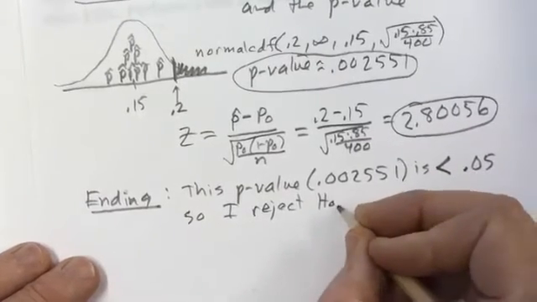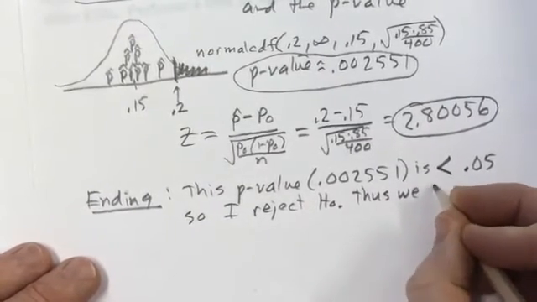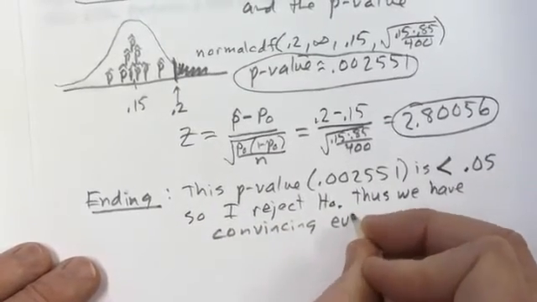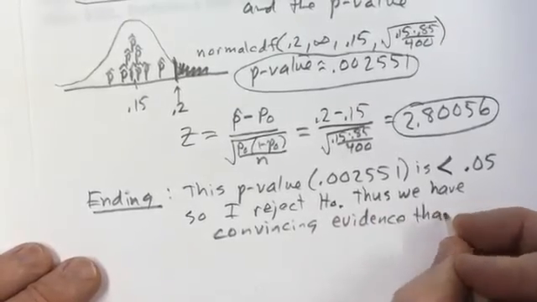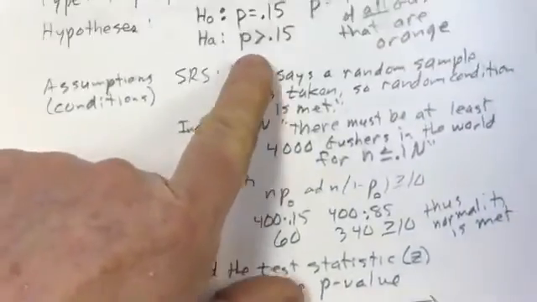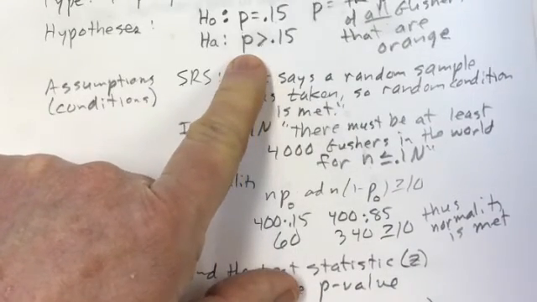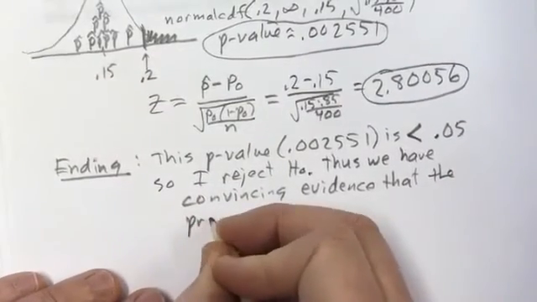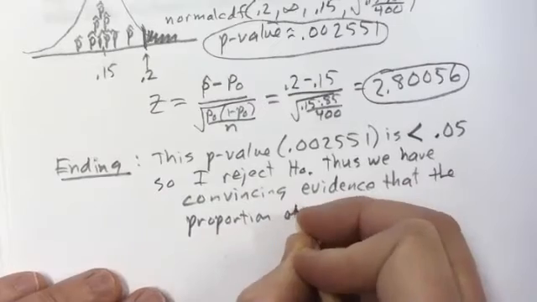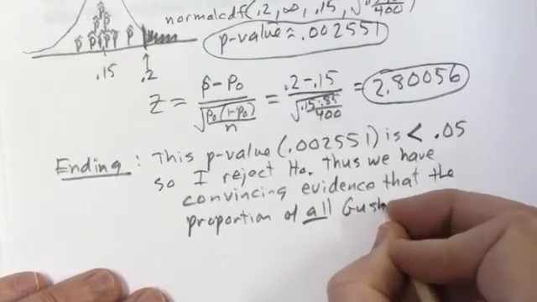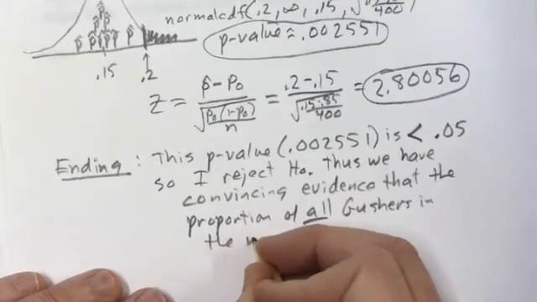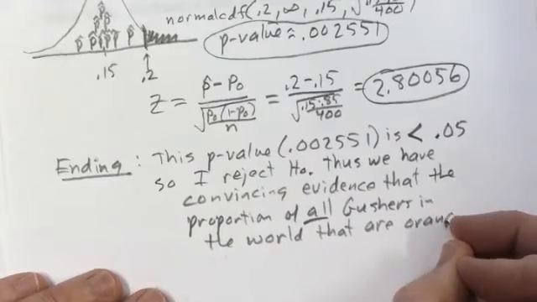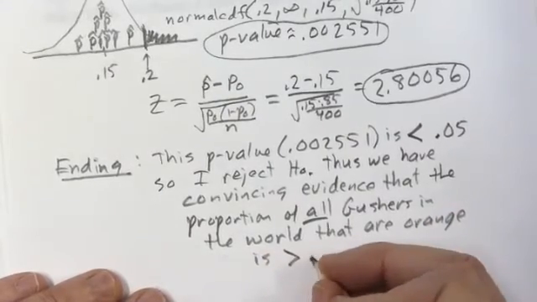And then you would say, thus we have convincing evidence that, and then you restate the alternative in context: that the proportion of all gushers in the world that are orange is greater than 0.15.